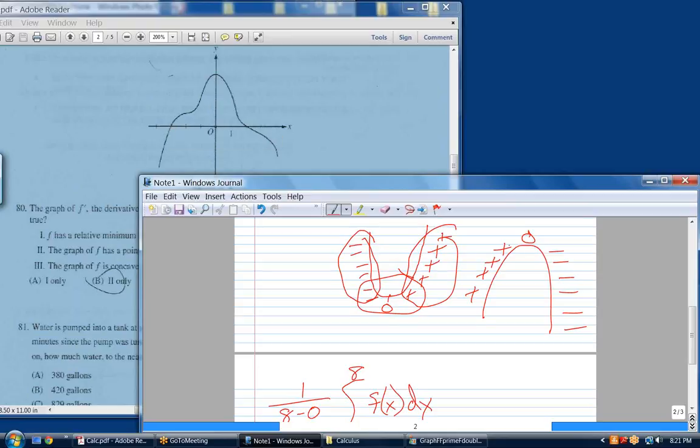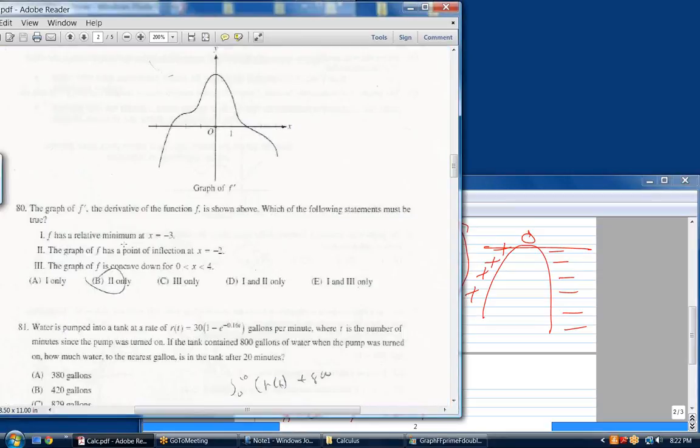We just don't know if it's 0 because it's the bottom of a minimum or it's 0 because it's the top of a maximum. However, by analyzing the fact that the slope is negative here, positive there, it's this minimum right there. So 1 is true. It does have a relative minimum at x equal minus 3.